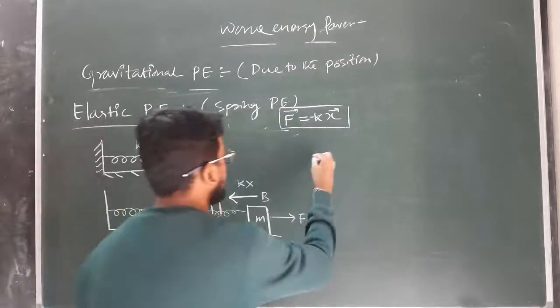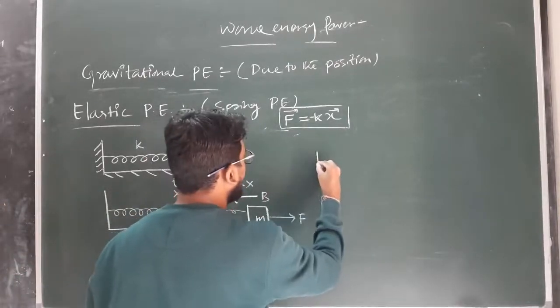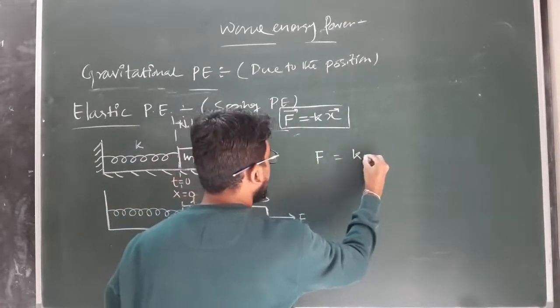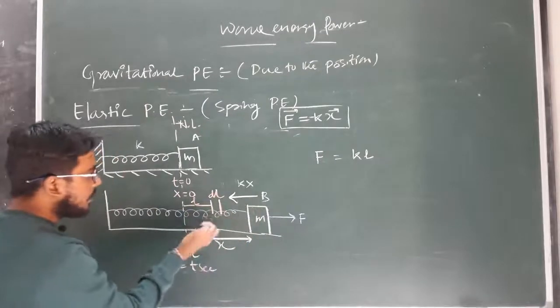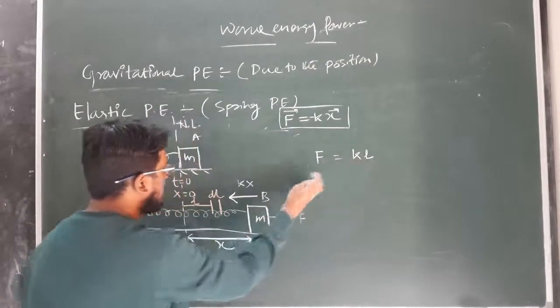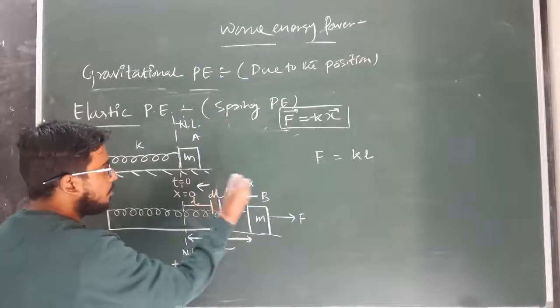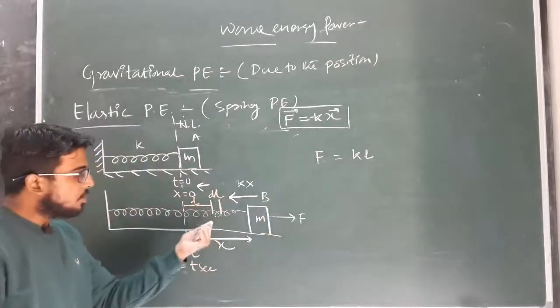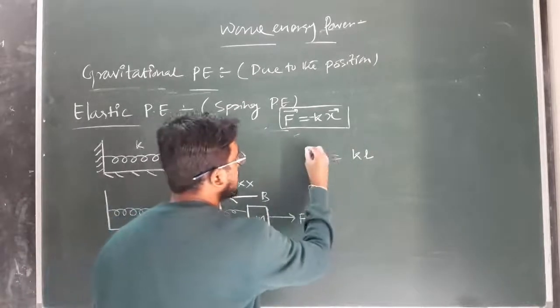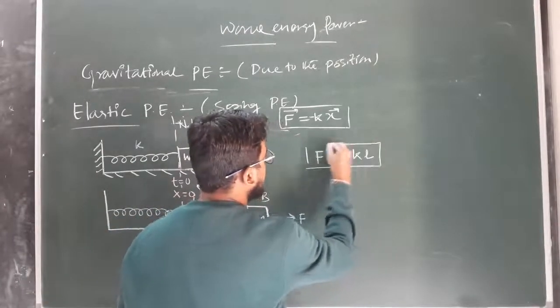What is the work done? The force acting at this point will be equal to how much? K into L. At any instant of time the extension is L, so the restoring force which is acting along this direction will be how much? KL. Or to displace the block with zero acceleration we also have to apply the applied force F, which is the same as that of KL.